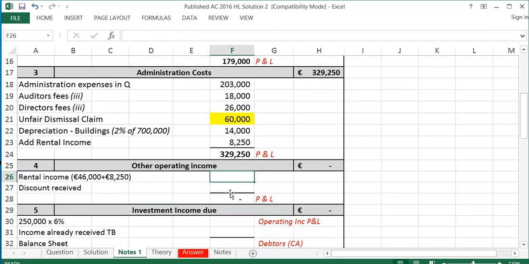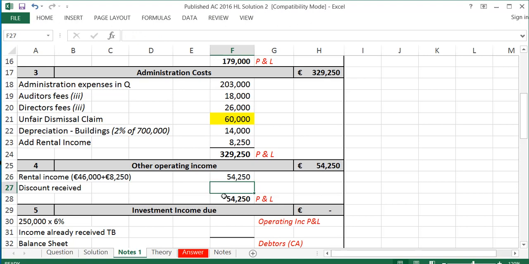Now the first thing that's going to go in here is my rental income. So my rental income from the trial balance, I can see my rental income is 46,000, but I have to add on the 8250 that was incorrectly included above here in admin expenses. So I've taken it out of admin expenses and I'm putting it in here, the other operating income. So in total, my rental income comes to 54,250.